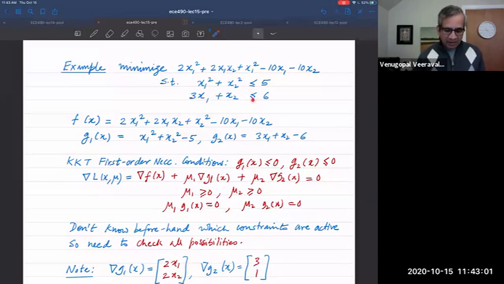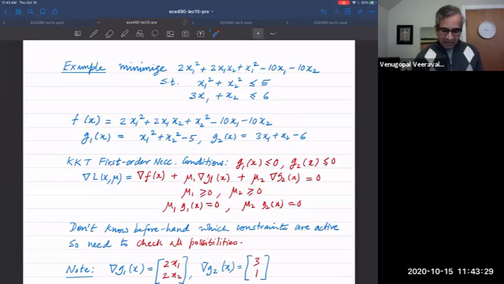It's just closed. But the overall constraint set is the intersection of these two sets, right? The intersection of these two sets is going to be bounded if one of them is bounded. And since both of them are closed, the intersection is also closed.